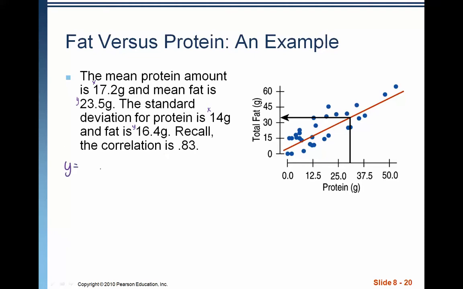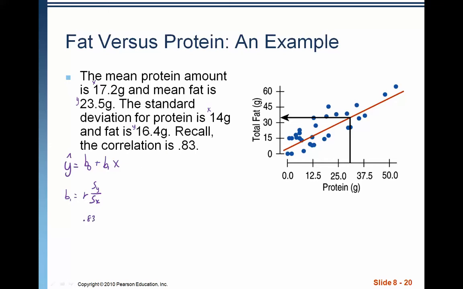y equals b sub 0 plus b sub 1 x, right? And remember, it's y hat. So we need to find the slope first. So b sub 1 is r times the standard deviation of y over the standard deviation of x. And I have all of those ingredients here, right? My correlation is 0.83.